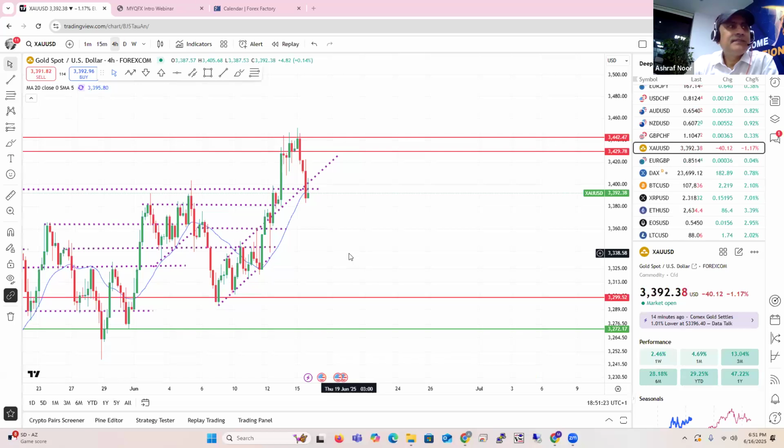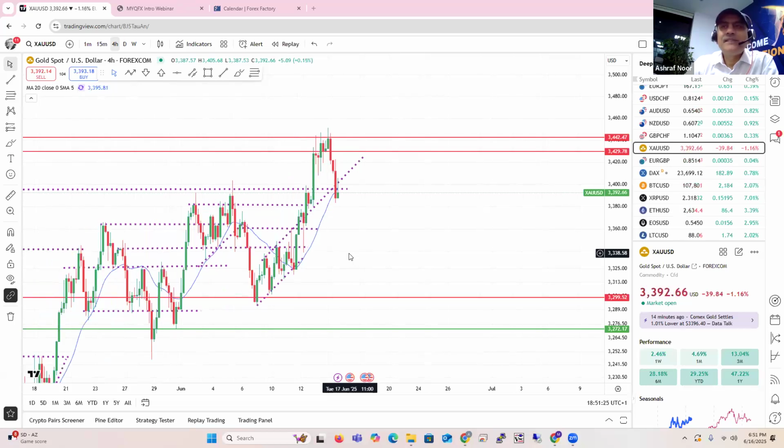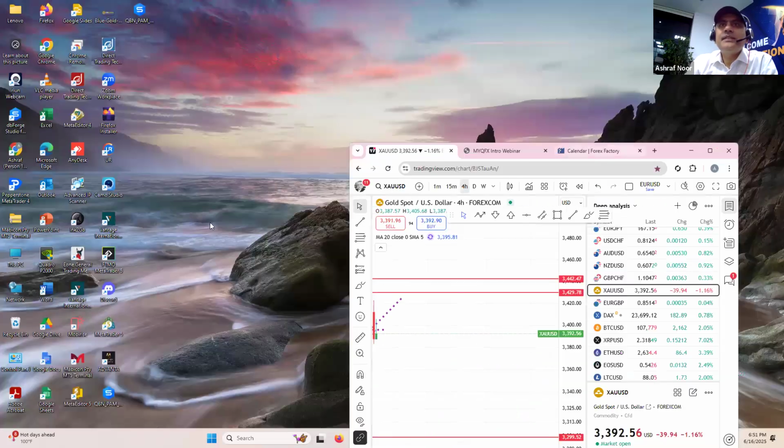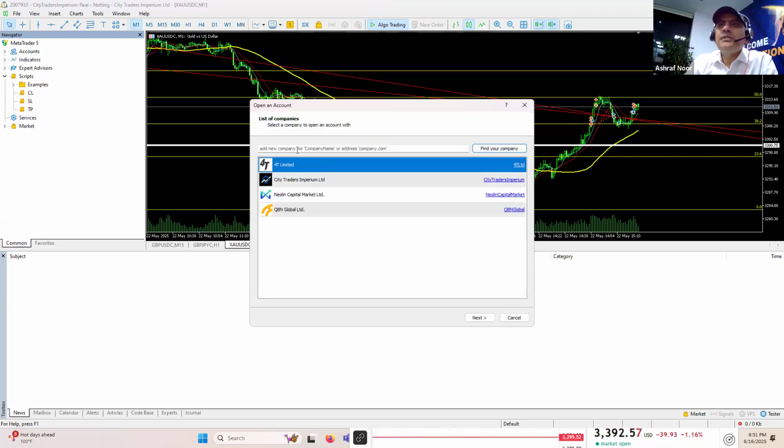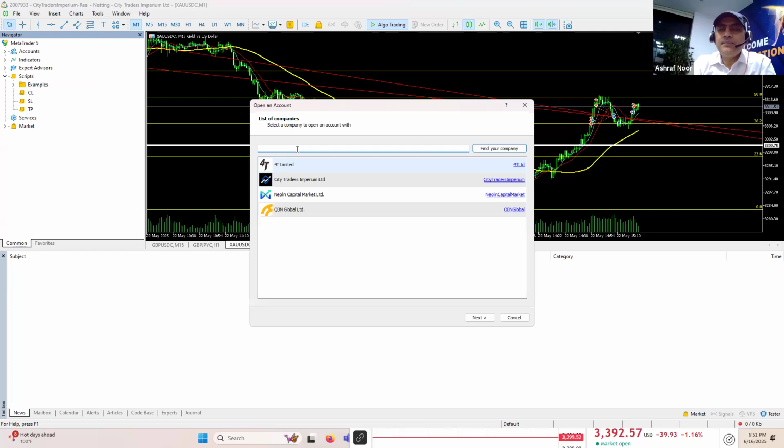I guess people want to know a bit more about the MT5 then. Oh, yes. So MT5, let me share with you guys. Just give me one second. Once you download MT5 from MetaQuotes, when you go to open an account, just type here QBN Global.